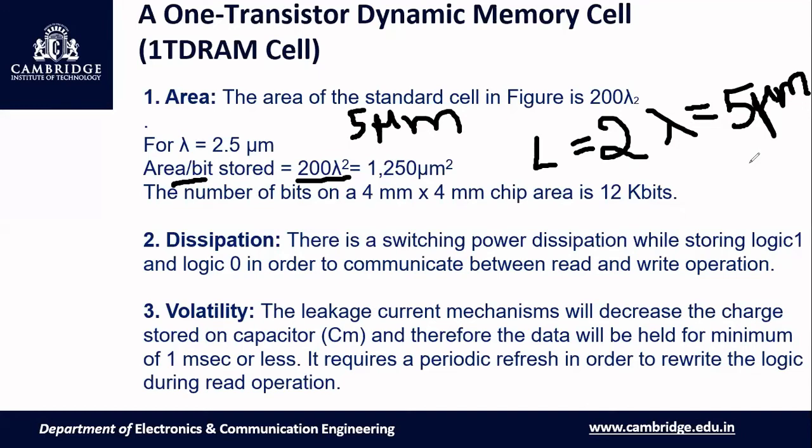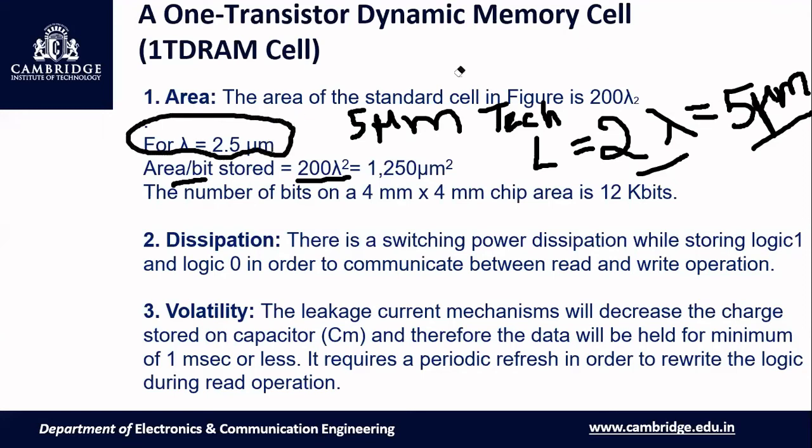That is nothing but the distance between drain and source, which is the channel length. When we consider 5 micron technology, your channel length will be 2 lambda, equal to 5 micron. Then lambda will be equal to 5 micron divided by 2. You will get 2.5 micrometer.